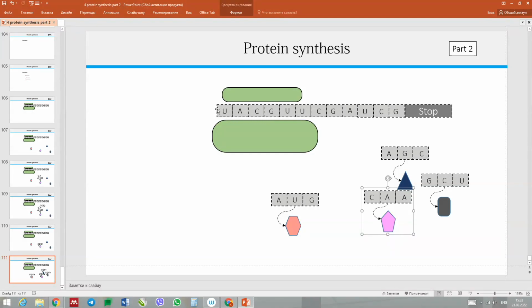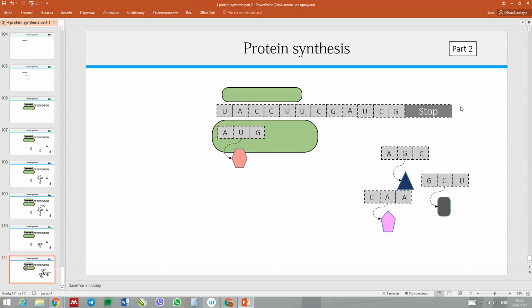We have to look at this codon, and we are allowed to put here only the amino acid that is associated with transport RNA that has complementary anticodon. And if our codon is uracil, adenine, cytosine, the complementary anticodon will be adenine, uracil, guanine. You see, again, we are using the complementary principle, but now for transfer of information from messenger RNA into protein chain.